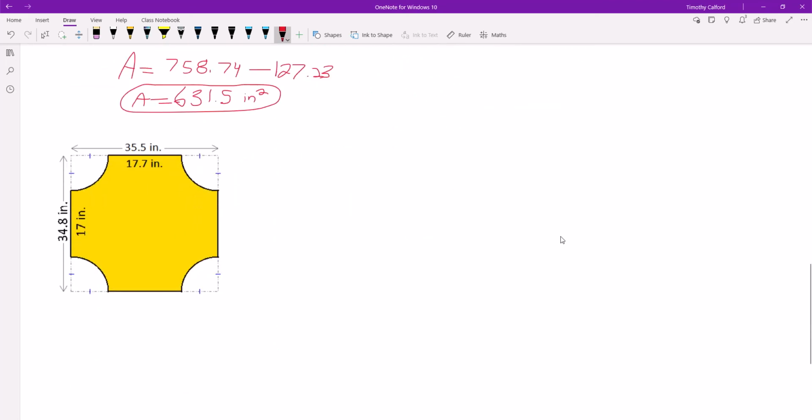One more example here. What if we had bites taken out of all the corners? This is a quarter of a circle, but if you have 4 quarters, what do you get? You get a full circle. This is equivalent to saying a full rectangle. It's not quite a square.